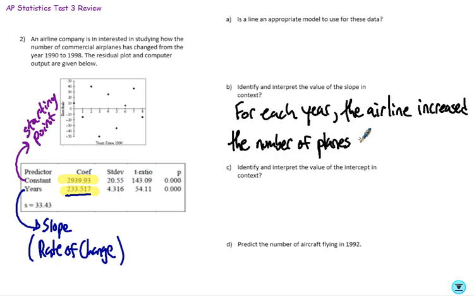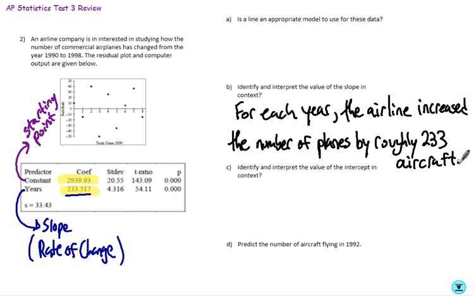So the number of planes by, we'll say roughly, because this is just an estimate, 233 aircraft. We'll say aircraft. And so we always want to label, because we're not saying roughly 233 pizzas or roughly 233 BMWs. It's 233 aircraft, so we always want to label what it is we're referring to.